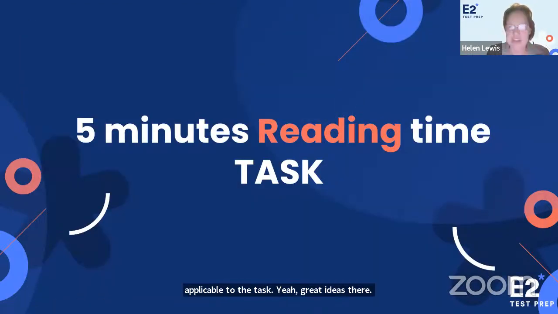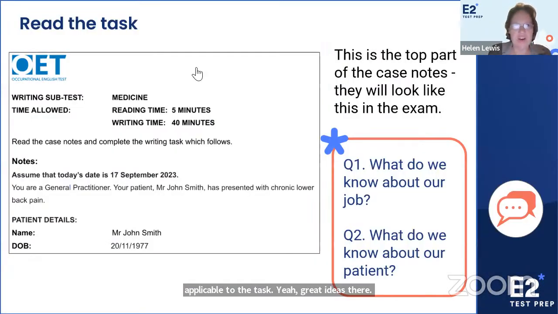Now, the OET reading task. You're going to see it on the top part of the case notes, and this is what it will look like in the exam on the left here. A couple of questions to think about.